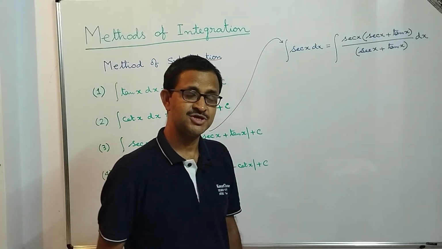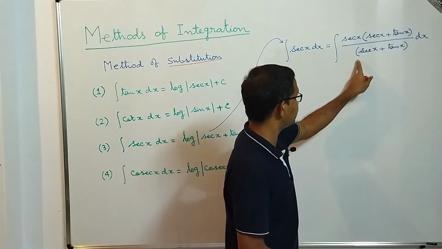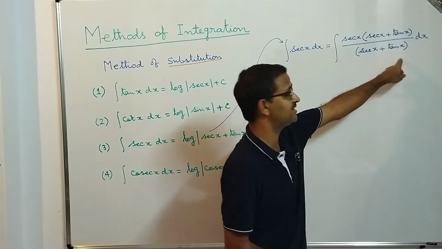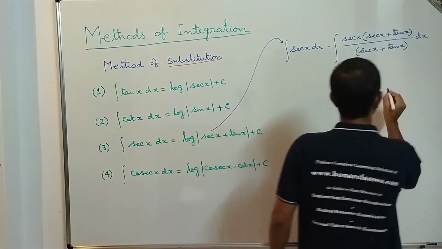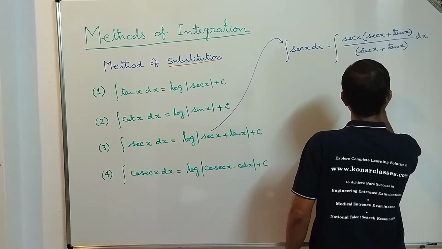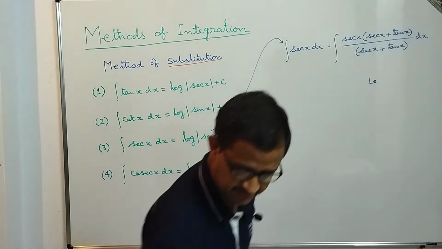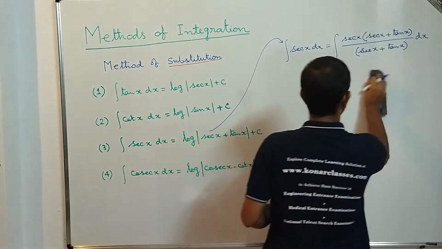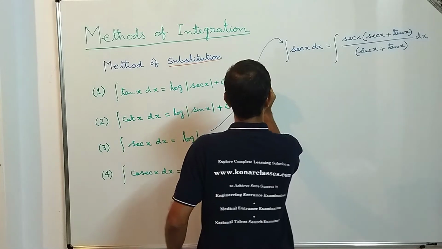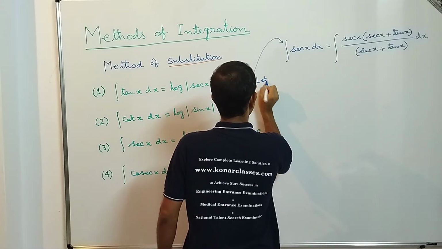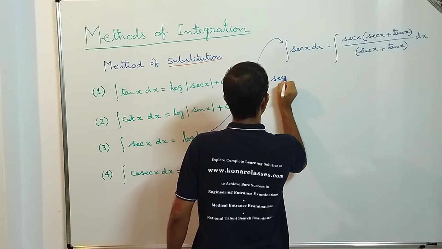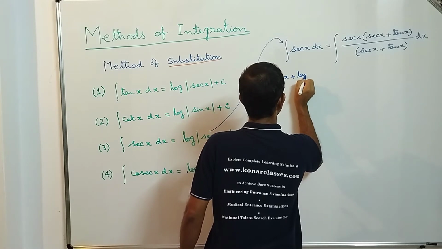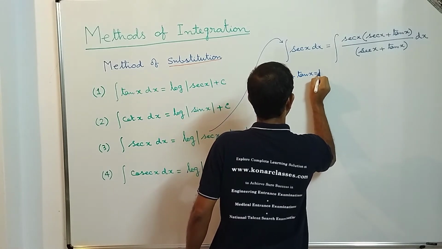That is sec x. So that means we can make the substitution sec x plus tan x equal to t. So what are we going to get? Let me write it here. Let sec x plus tan x be equal to t.